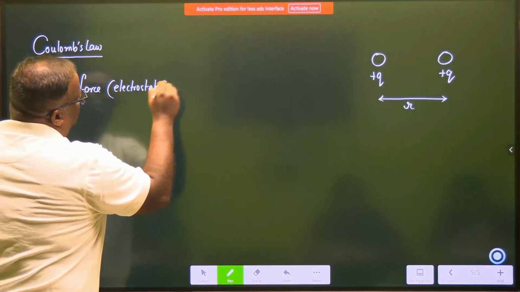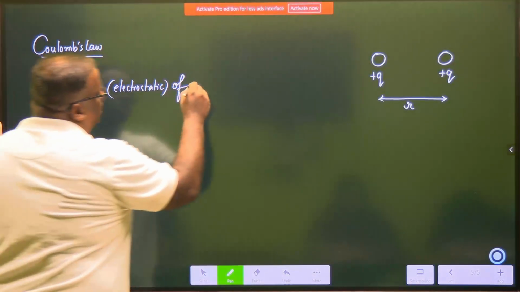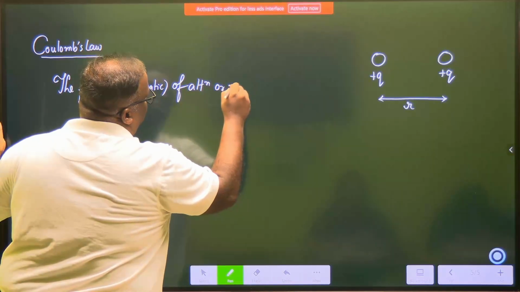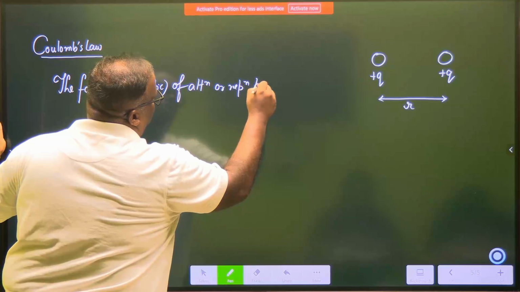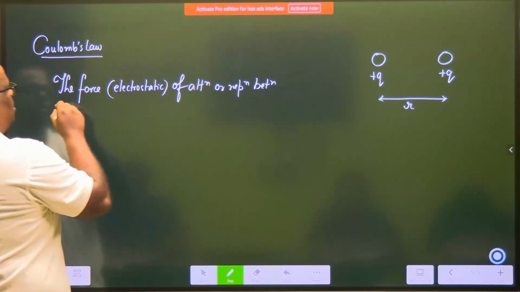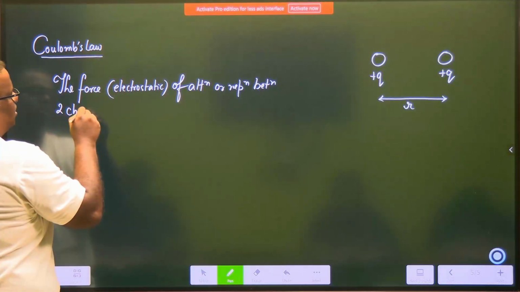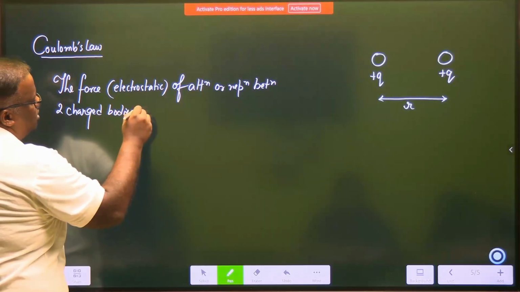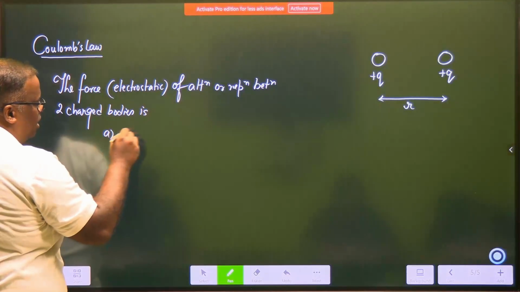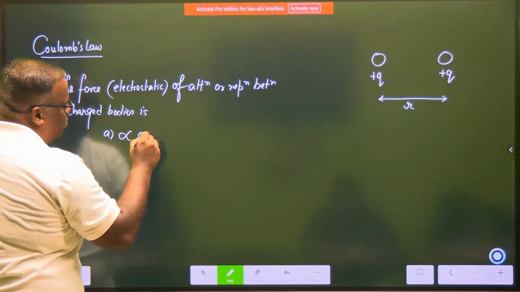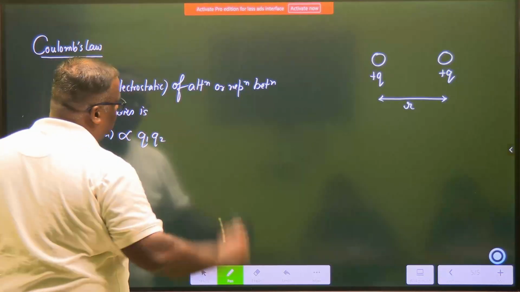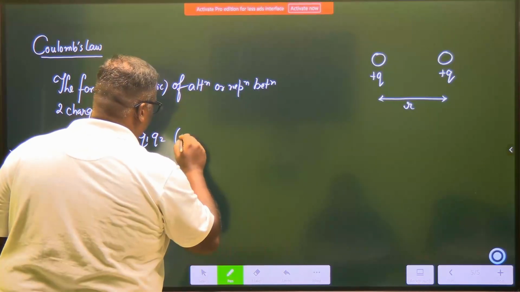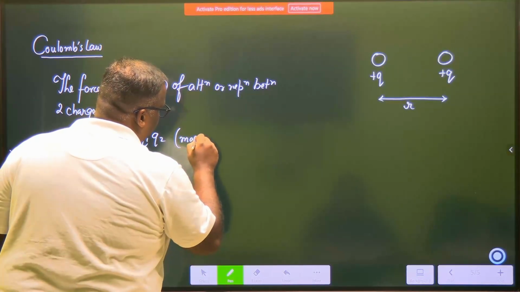The electrostatic force of attraction or repulsion between 2 charged bodies is directly proportional to the product of the magnitude of the charges.